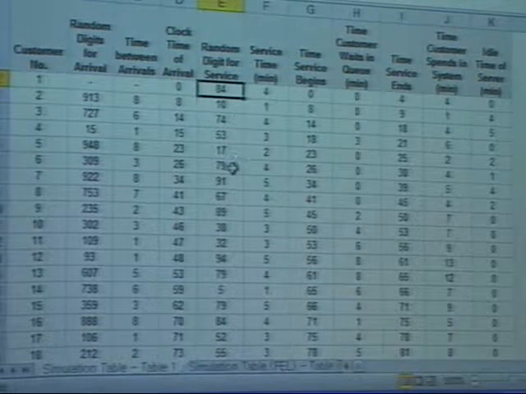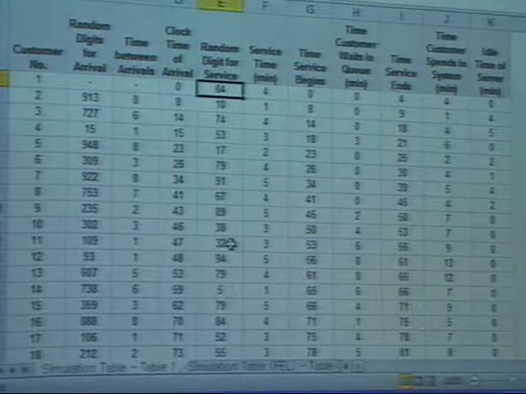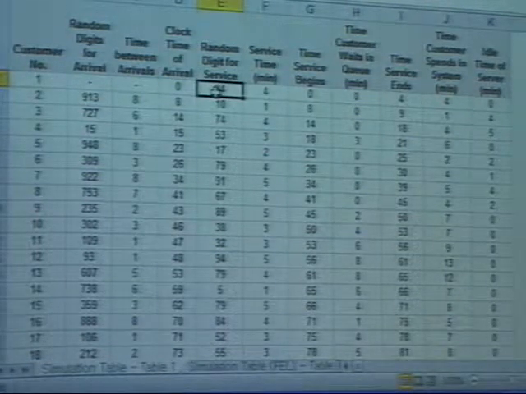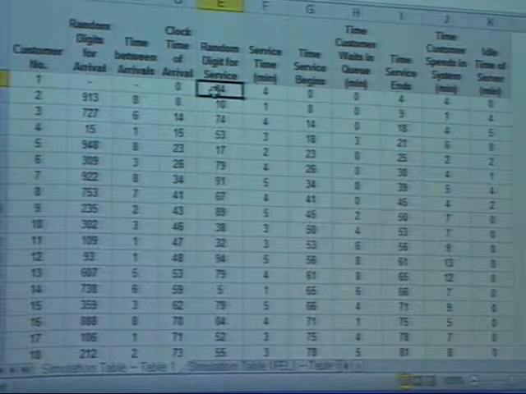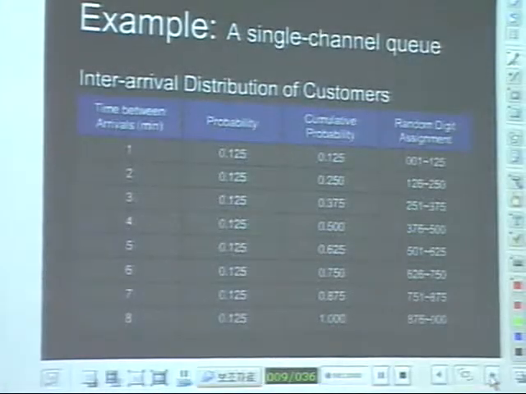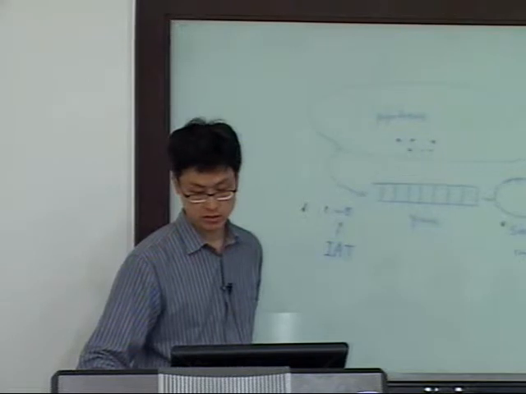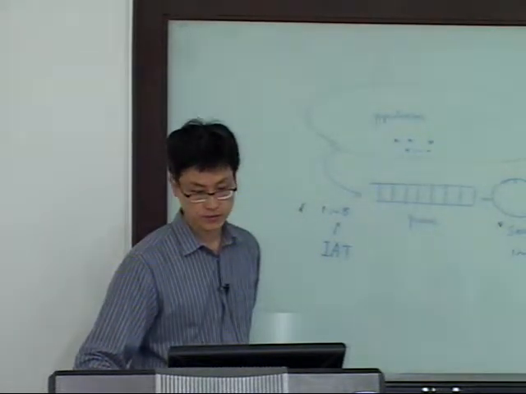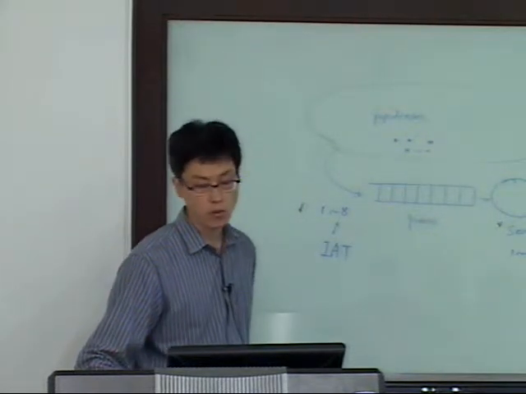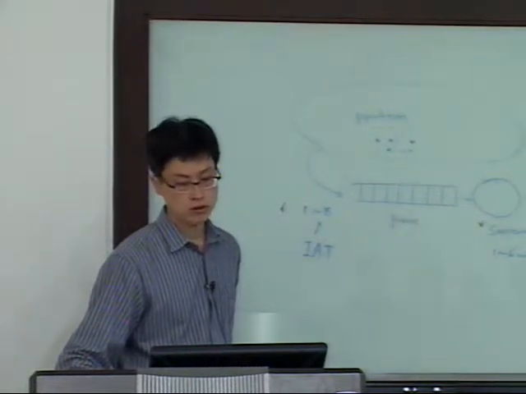This one is also random. So we run the random number generator once again. Randomly, it was 84. 84 falls into here, service time of 4. So service time is 4. And then 10, 1, 20.